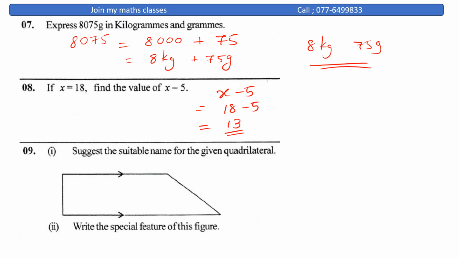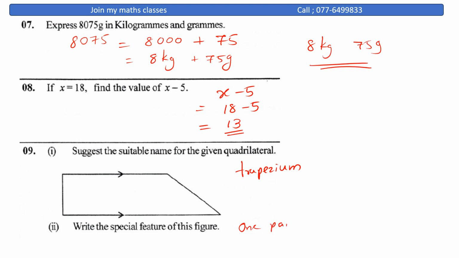Suggest a suitable name for the given quadrilateral. For this quadrilateral, this is a trapezium. So write a special feature of this figure. The special feature is this one.